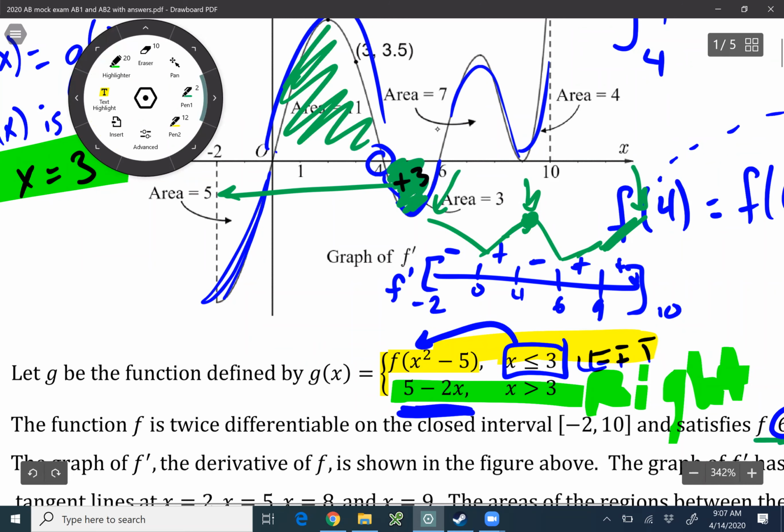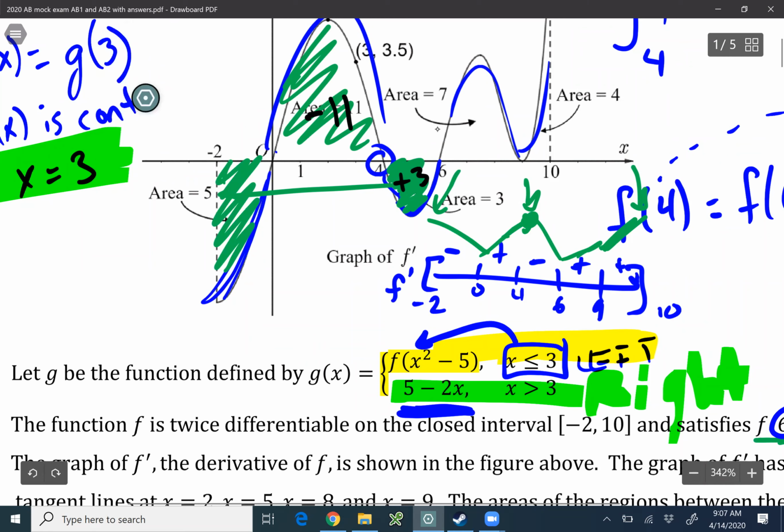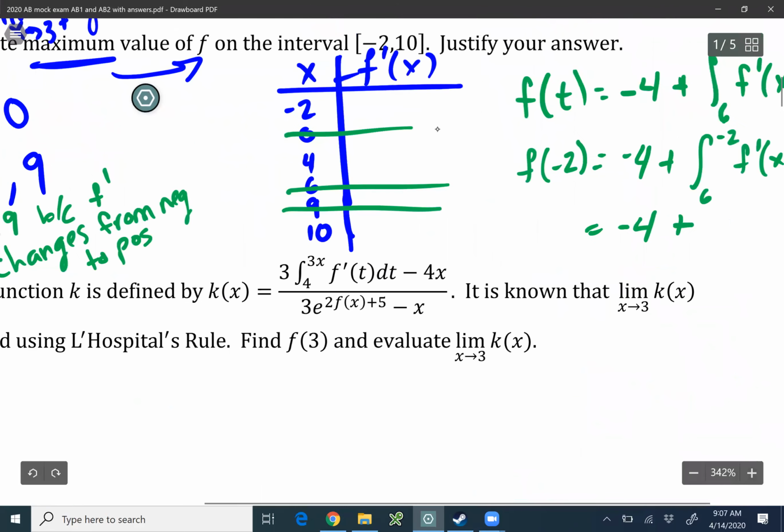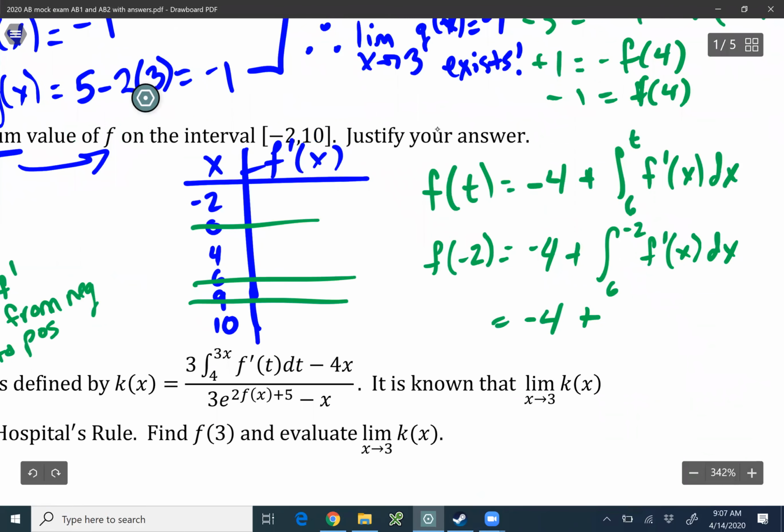It said originally it was 11, but we're going to write it as negative 11 because we're going backwards. And this bottom area was 5, but because it's below and we're going backwards, we're going to make it positive 5. So positive 5, positive 3 makes positive 8. 8 minus 11 gives us negative 3. So that means this integral was negative 3. And negative 4 plus negative 3 gives us negative 7.